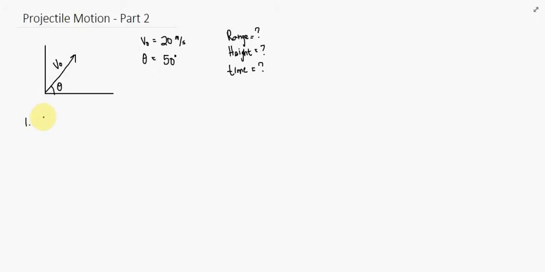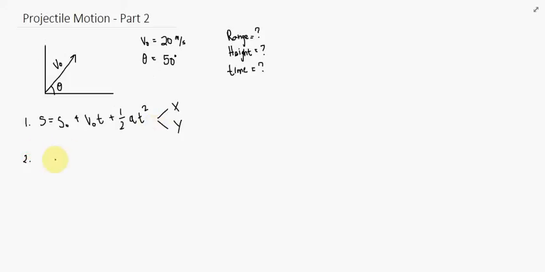Remember, we had some final position is equal to some initial position plus the initial velocity times time plus 1/2 the acceleration times time squared. Remember, with all of these we can subdivide them into their x and y components.